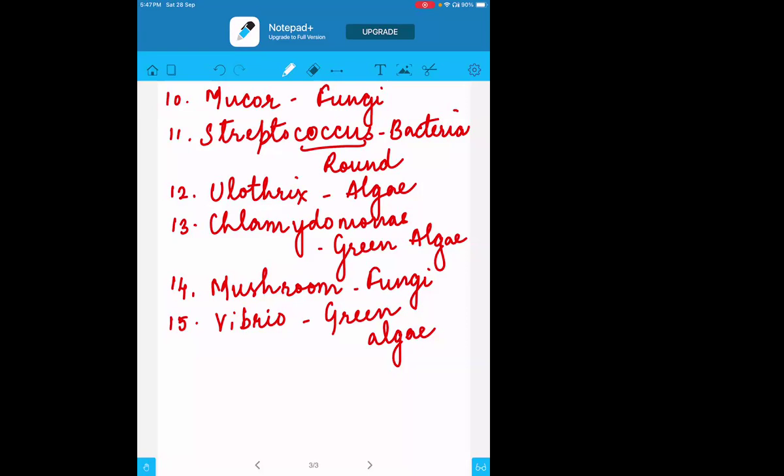Actually, according to your NCERT book, they have given 4, okay? But when you go to your higher classes, virus will also be included in the main category. So as grade A children, you exclude the virus and write 4. But when you go to higher classes, you will know it is actually included in that category.